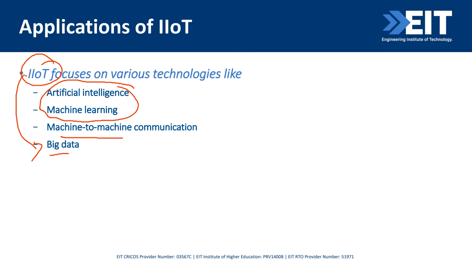Within an hour, you have 3,600 measurements per sensor. Within a day, multiply this by 24 hours, okay? And then multiply the whole thing by 365 for a year. You will see that very fast, the data will explode. You will have a huge amount of data, okay?